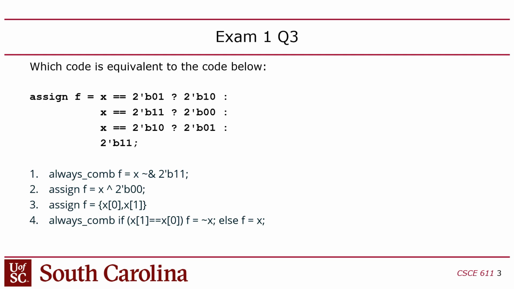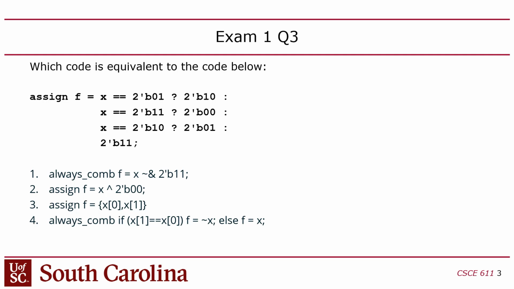Right, it's the same thing, yeah. So why is it not number 2? XOR with 0, 0. Well, if you XOR with 0, 0, it doesn't complement. It'll just pass X through to F, right? If you did an XOR with 1, 1, then it would flip the bits of X.